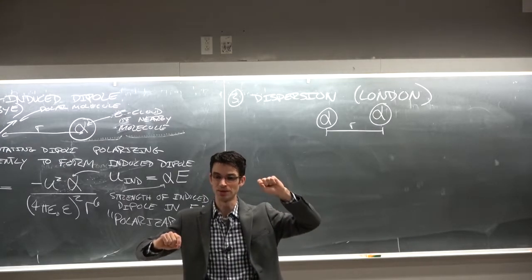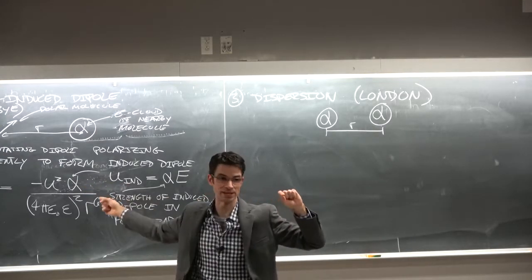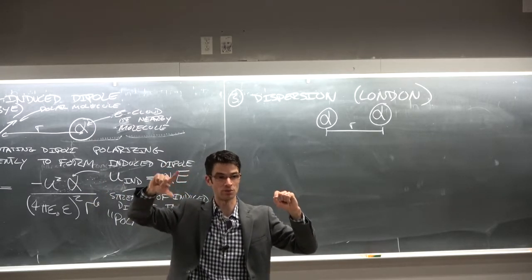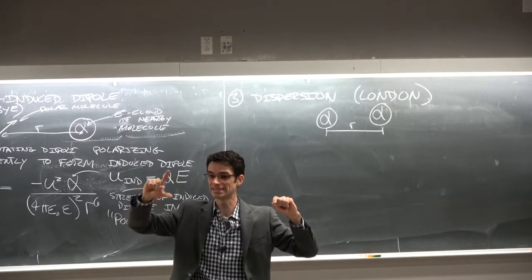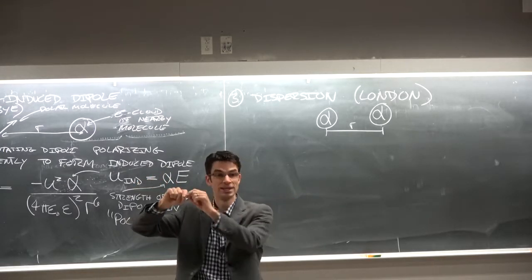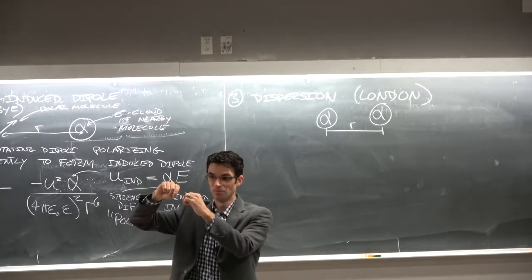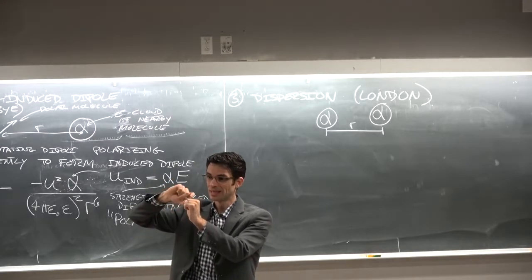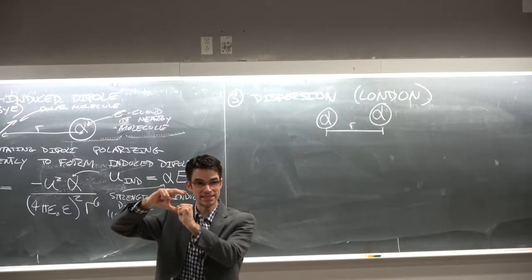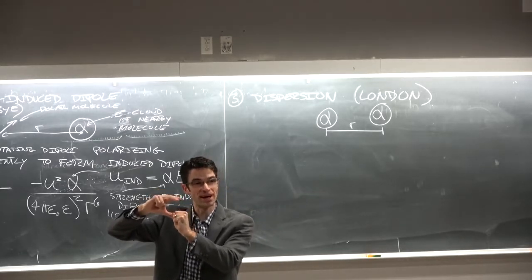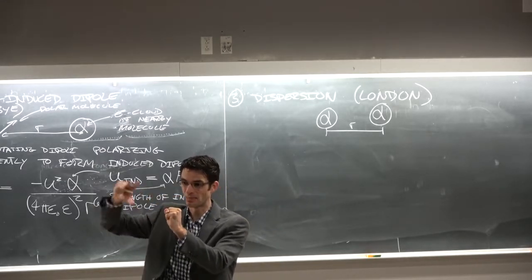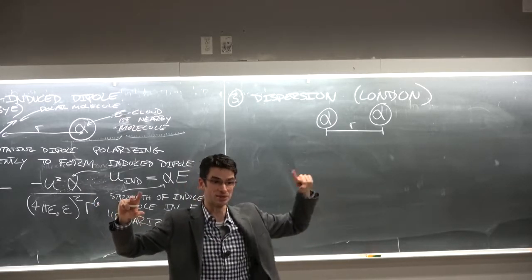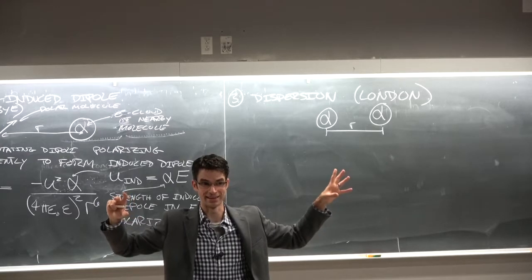There will be a dipole which, just like the other two interactions, will produce an electric field that serves to align a dipole in an adjacent molecule. In this case, the dipole in the adjacent molecule is made up of the electron orbiting the nucleus. So in some regions of space you're more likely to find the electron, depending on the electric field produced by this other electron orbiting around a nucleus.